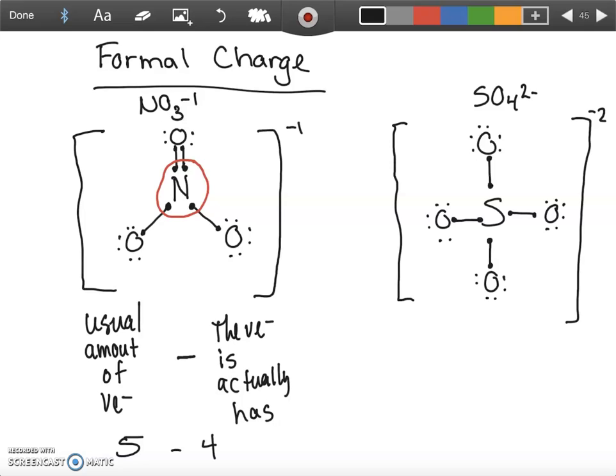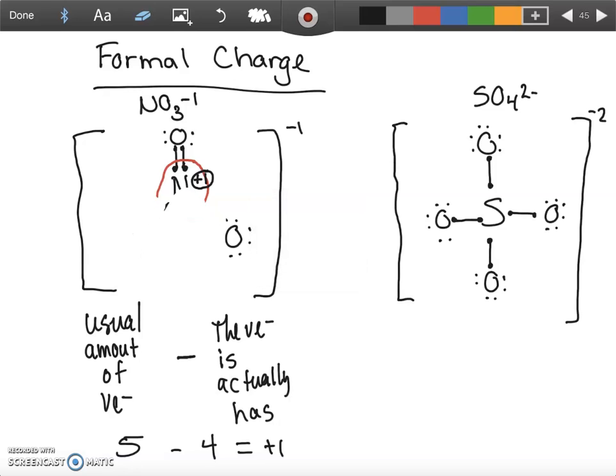Right now it only has 4 available, and 5 minus 4 is a +1. So there is a +1 formal charge on the nitrogen.